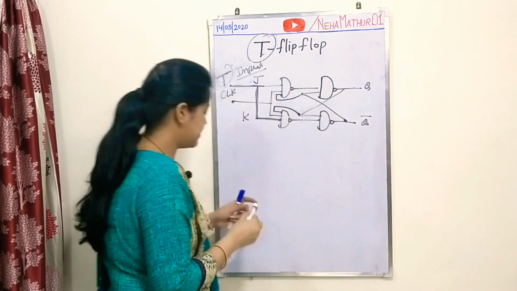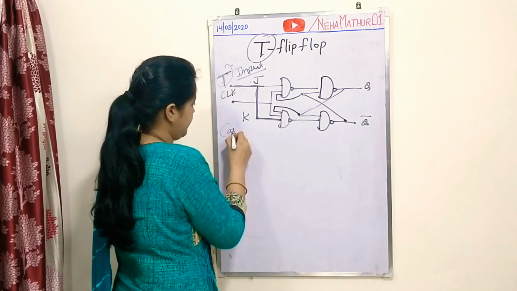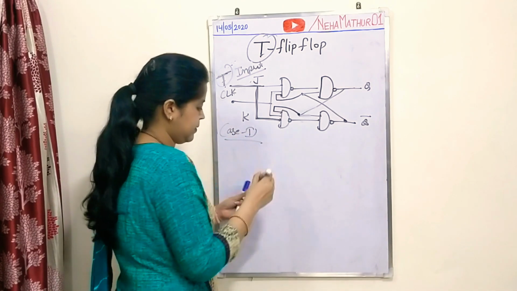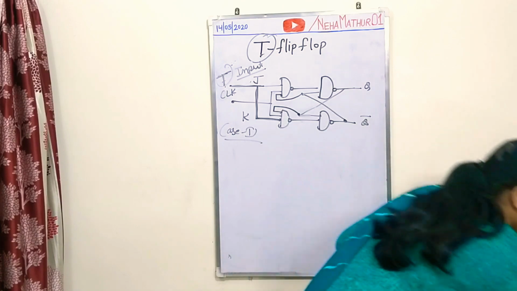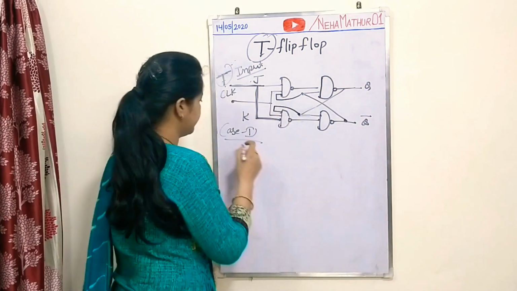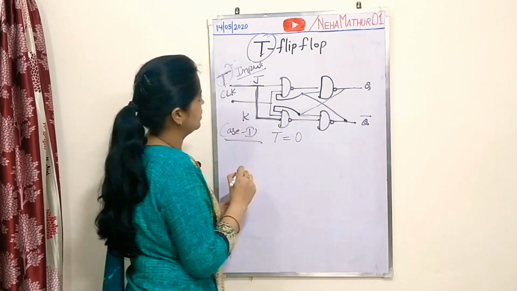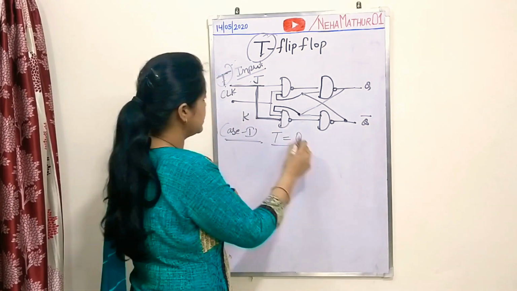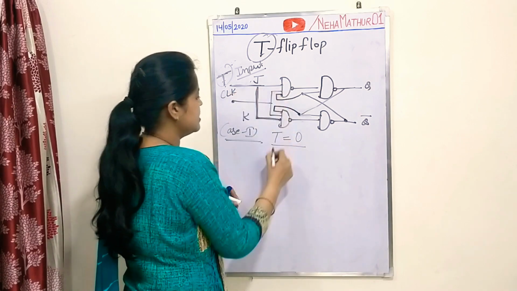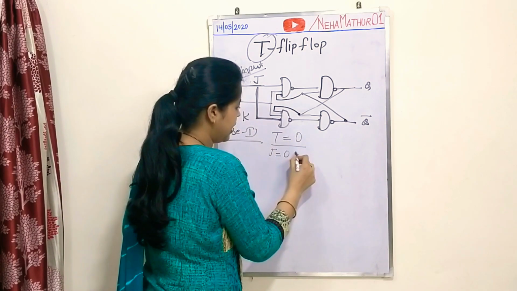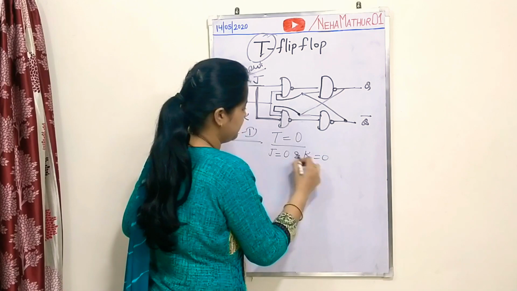The first case, when T is equal to 0. That means your J is 0 and your K is also 0.